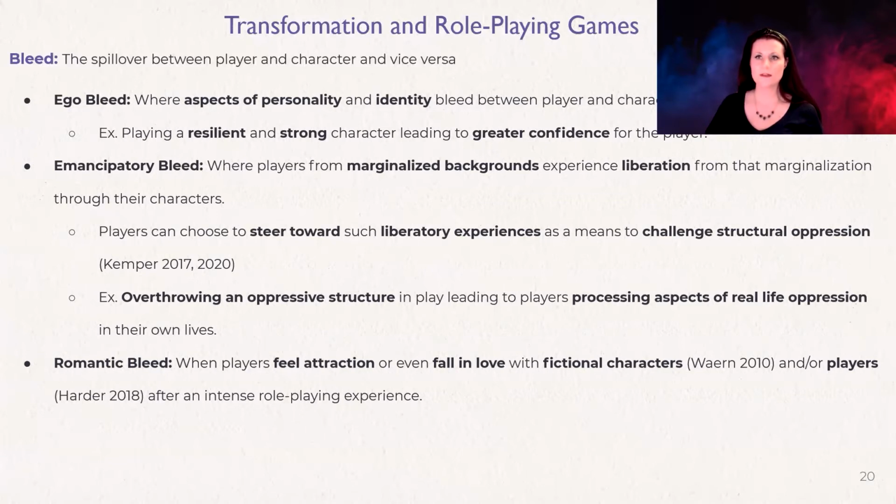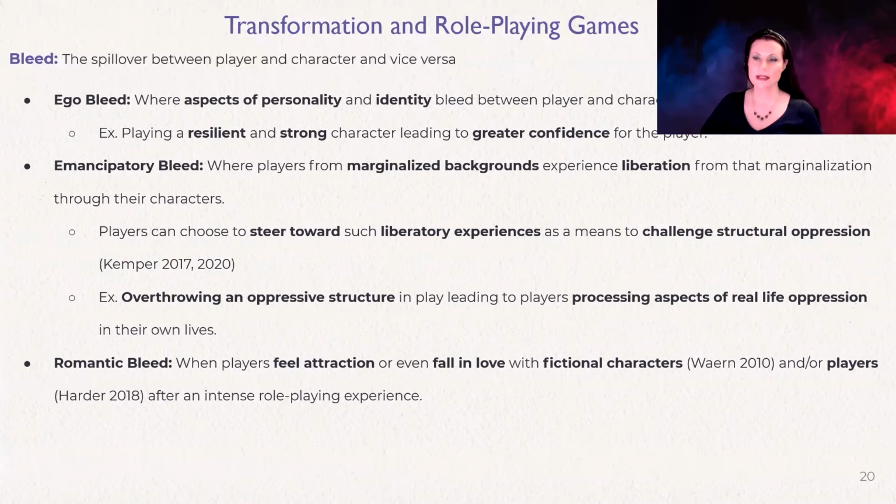And that leads me to feel greater confidence outside of life. And not just confidence in certain situations, but actually that I have those characteristics myself as a person. That could be an example of ego bleed. And then there's emancipatory bleed, where players from marginalized backgrounds experience liberation from that marginalization through their characters. We mentioned this briefly before.